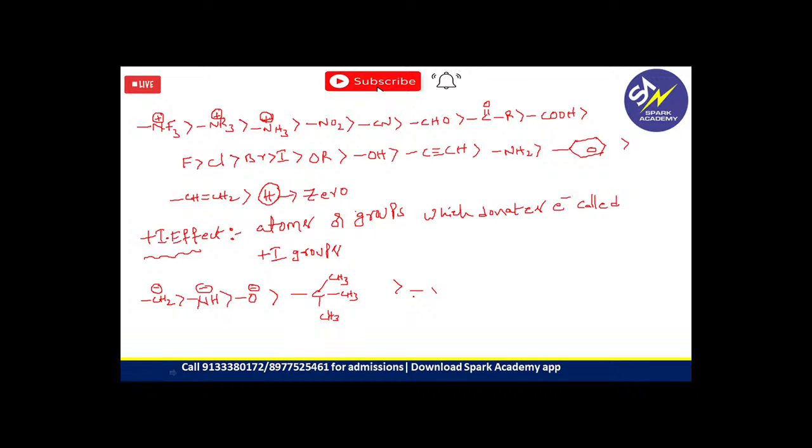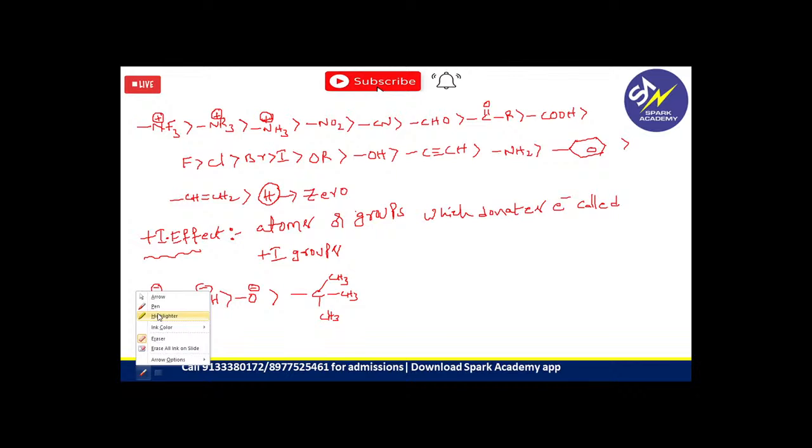Once again, this is the most important order. After knowing this order, we will do the most important applications related to NEET and mains exams.